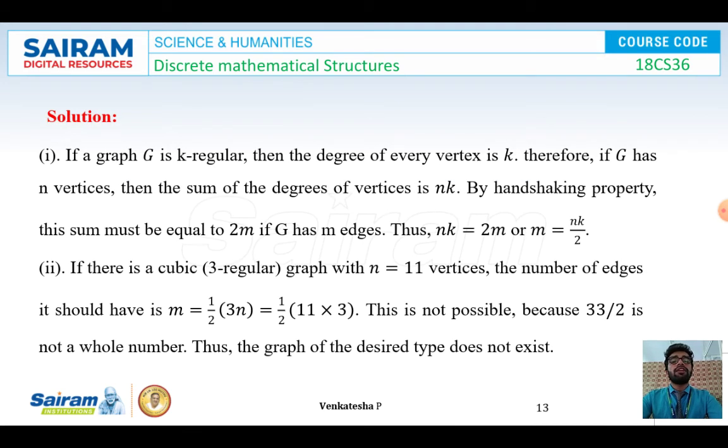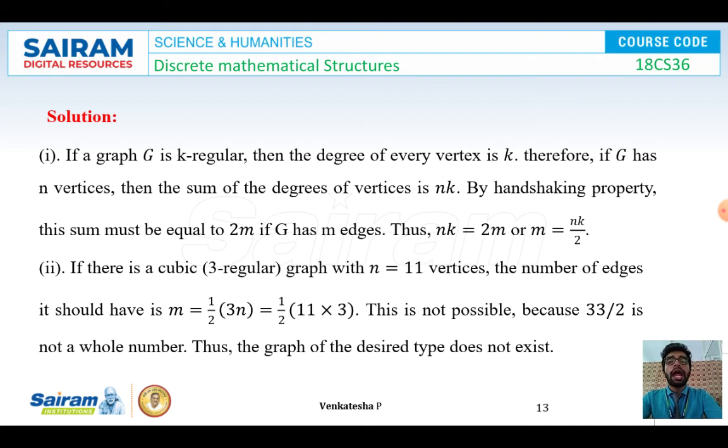The first one is we have to show that m is equal to nk by 2. To prove this, I'll take a graph G which is a k regular graph. So obviously the degree of each vertex of the k regular graph will be equal to k. Since G has n vertices and m edges, the sum of the degrees of all the vertices will be equal to nk.